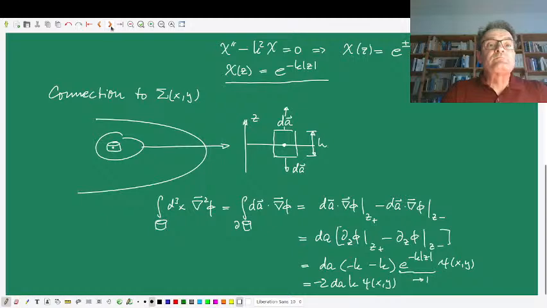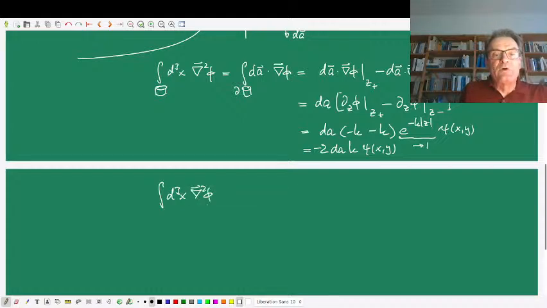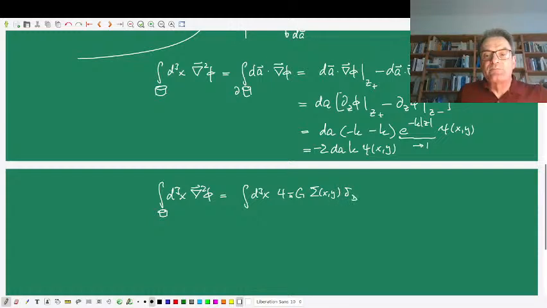All right, now let us complete this argument by asking what the Poisson equation says about this. Right, so I start again with the volume integral of nabla square phi over my little cylindrical box. By the Poisson equation, this will be the volume integral over the box of 4 pi g rho, of course. And rho will be sigma of x and y times the delta distribution as a function of z.